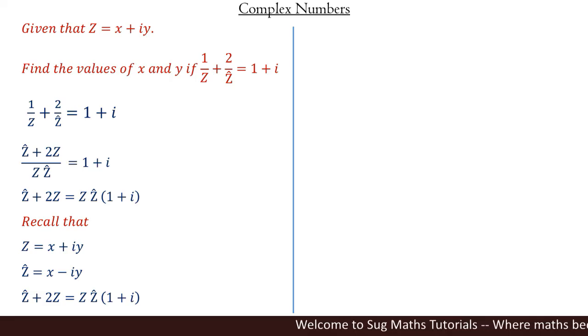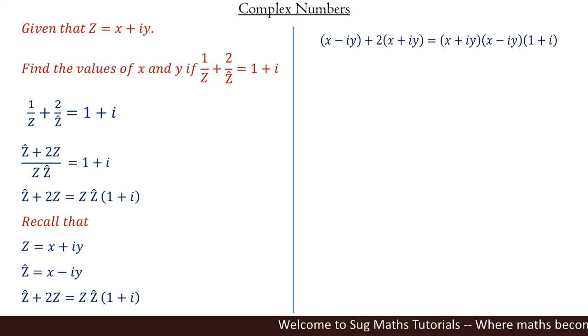Now substituting the values, in place of z bar we're going to have x minus iy in bracket, plus 2z, where z is x plus iy, close bracket, is equal to z, which is x plus iy in bracket, then z bar, which is z conjugate, x minus iy, then 1 plus i.